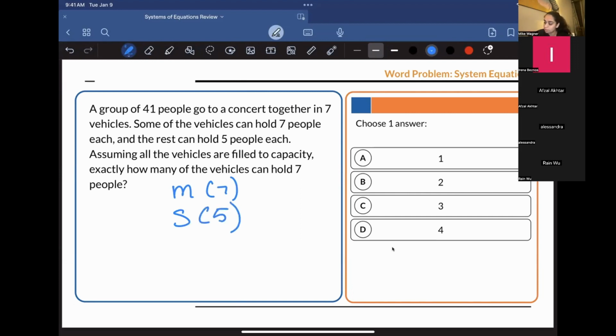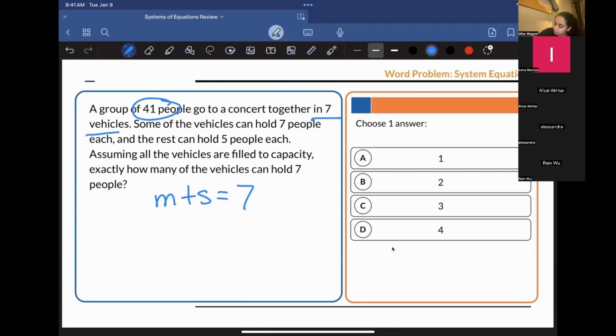And the equations for M and S are M plus S equals 7, there's 7 vehicles total. And for 41 people, we have 7M plus 5S equals 41. Since only 7 human beings can fit in a minivan and 5 human beings can fit in a sedan or the car that holds 5, and then we have 41 people.